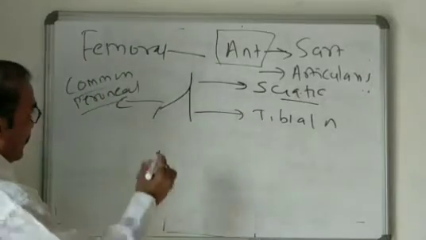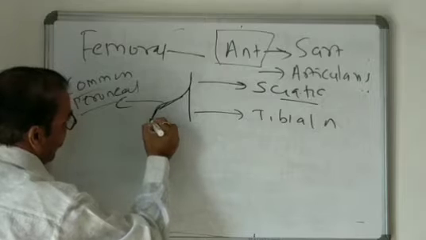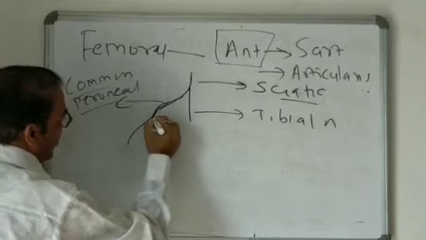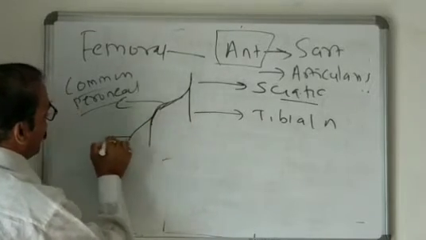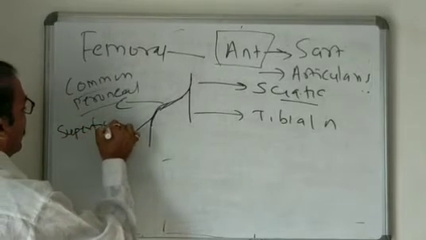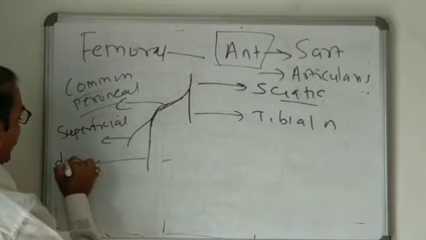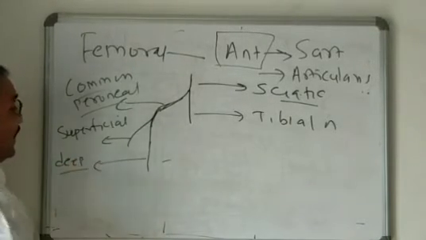Understand? Now this common peroneal nerve descends downwards at the level of the neck of the fibula. It gives two branches here: the superficial peroneal nerve and the deep peroneal nerve.